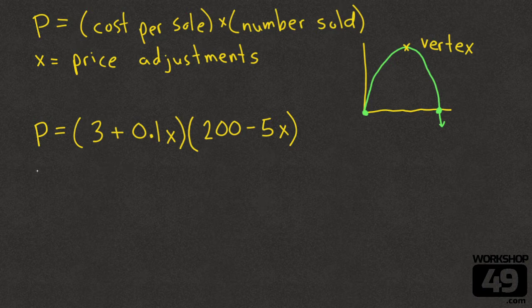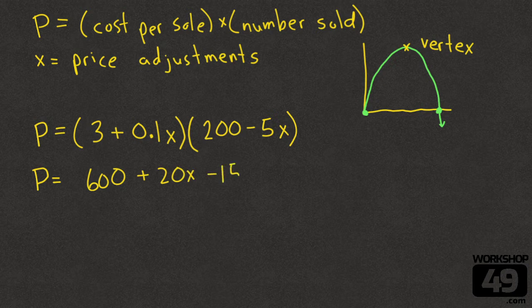To find the vertex of this, I am going to expand it out by FOILing it, and we are going to end up with 600 plus 20x minus 15x minus 0.5x squared. And if anyone wants help with how to expand factors and FOIL it out, I can absolutely make a video on that to help you out.